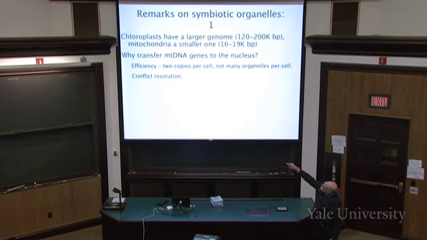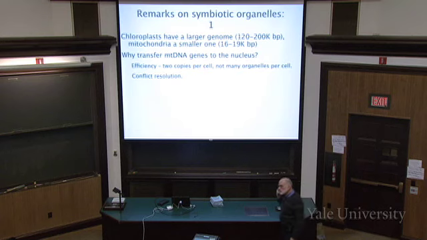So one of the reasons to do that is essentially efficiency. If you put those genes into the nucleus, you're just maintaining 2 copies of them rather than thousands of copies out in the population of mitochondria that are living in the cell. Another is conflict resolution. Basically, you're cutting way down on the opportunity for different variants to exist in mitochondrial processes.